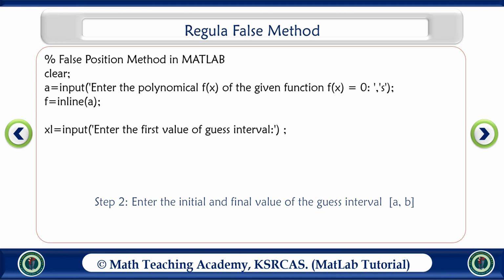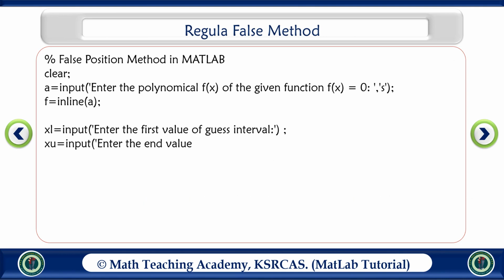After the user has entered the value, that entered value is stored in the variable name xl. And then xu is equal to input, enter the end value of the guess interval. This command displays the text on the command window, and waits for the user to enter some numerical value. After the user has entered the value, that value will be stored in the variable name xu.